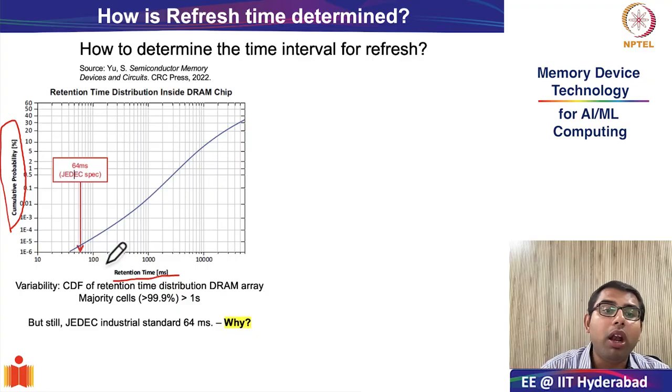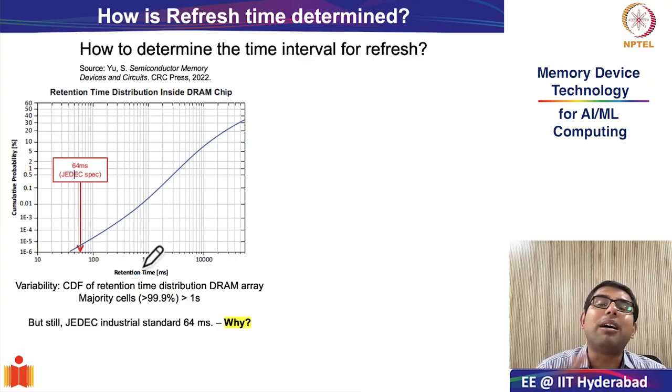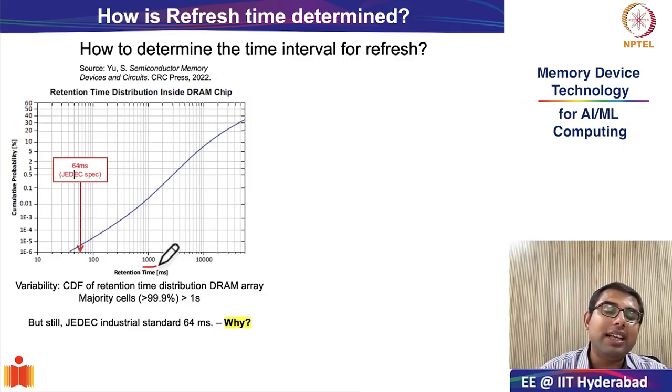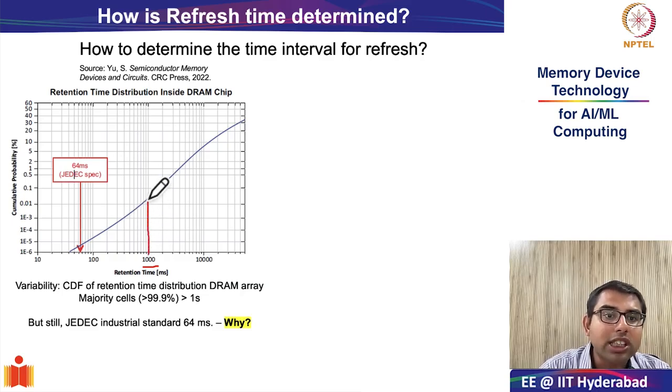A simple way to understand this is to take some retention time. Let's take a retention time of 1000 milliseconds, which translates to 1 second, and get a projection on this blue line.